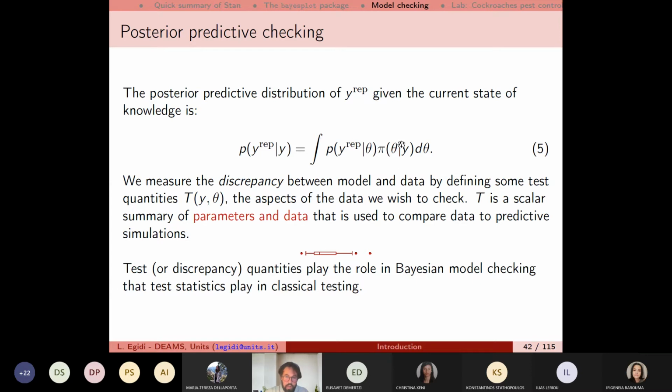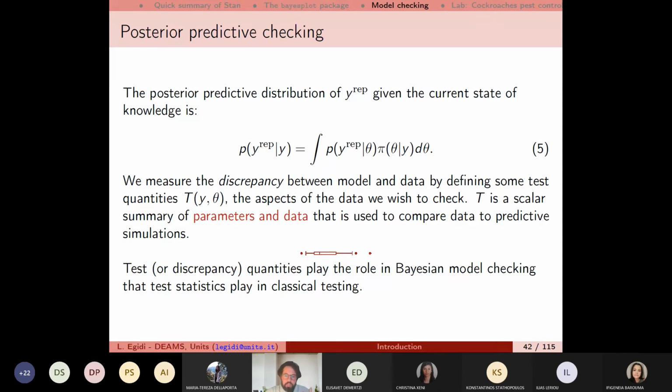So for each draw of the posterior distribution that we have, we will be sampling hypothetical replications conditional on the values of the parameter that I obtain via the posterior distribution. So let's say that I have a capital S number of possible replications from my posterior distribution.